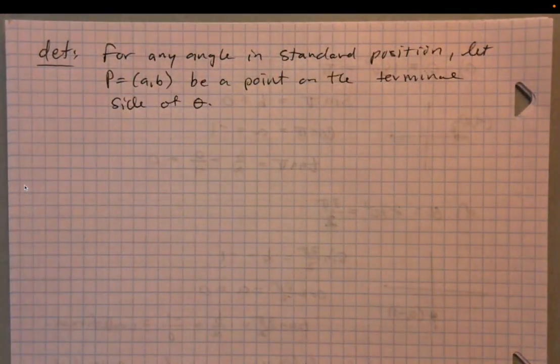Now notice it doesn't say let P be a point on the terminal side of theta on a unit circle. It just says, hey, it's any point on the terminal side of theta.